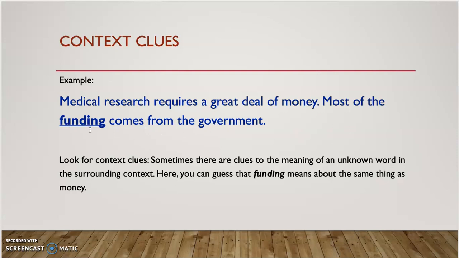Most of the funding comes from the government. But we do have a clue in the first sentence. Medical research requires, that means it needs, it demands a great deal of money. So here we're talking about money, and then we're talking about funding, the funding that comes from the government.